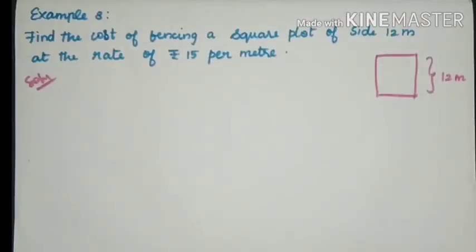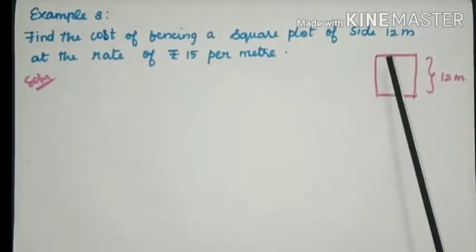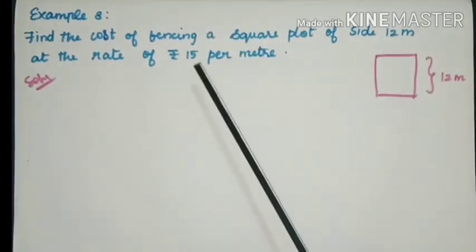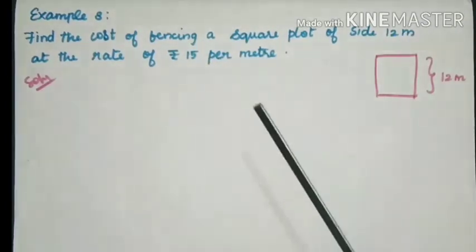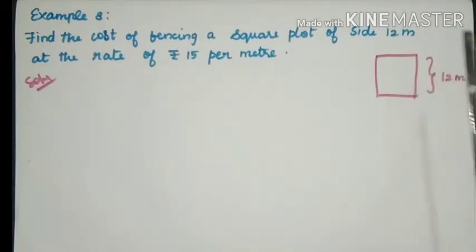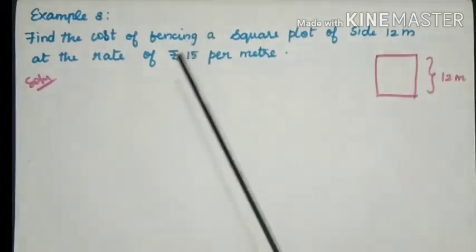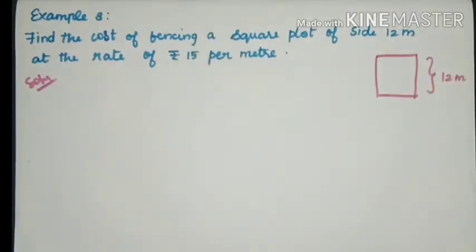Example 8. Find the cost of fencing a square plot of side 12 meter at the rate of rupees 15 per meter. See here, the side of the square plot is given, that is 12 meter. We have to find the cost of fencing the plot at a rate of rupees 15 per meter.